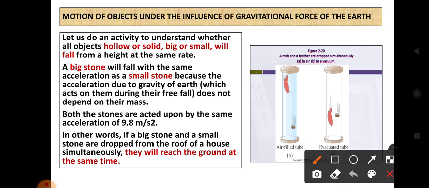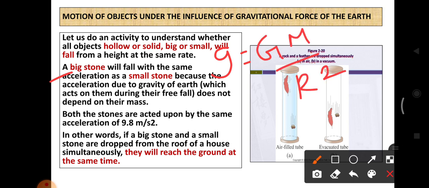See this example. A big stone will fall with the same acceleration as a small stone, because the acceleration due to gravity of the earth acting on them during free fall does not depend on the mass. We learned that g equals capital G M by r square.